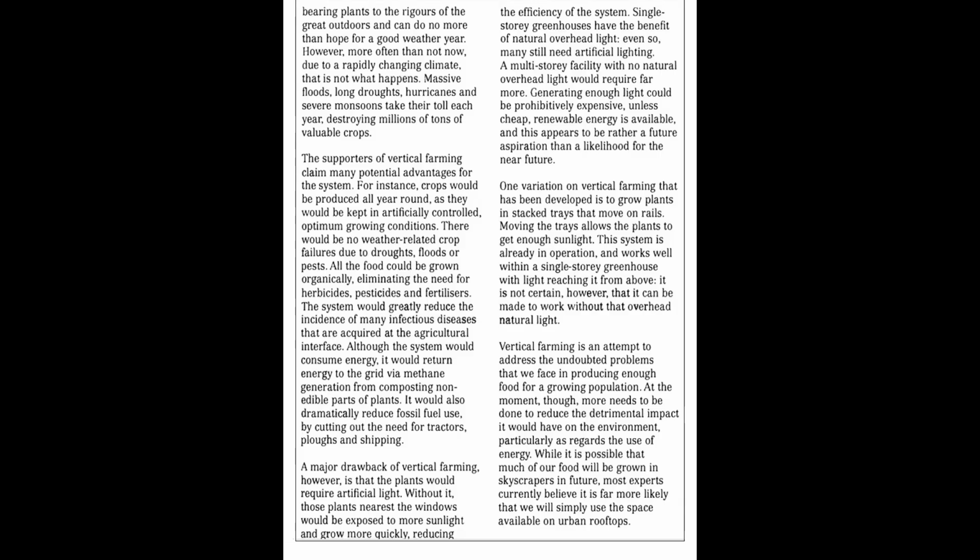Vertical farming is an attempt. Okay, we read the first line. At the moment, though, more needs to be done to reduce the detrimental impact it would have on the environment, particularly as regards the use of energy. While it is possible that much of our food will be grown in skyscrapers in the future, most experts currently believe that we will simply use the space available on urban rooftops.